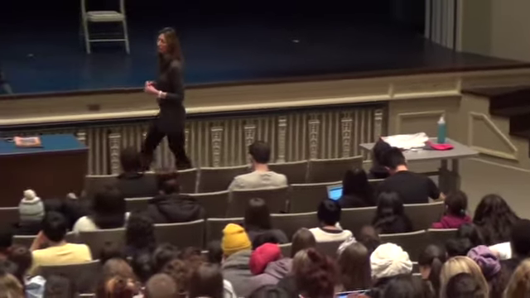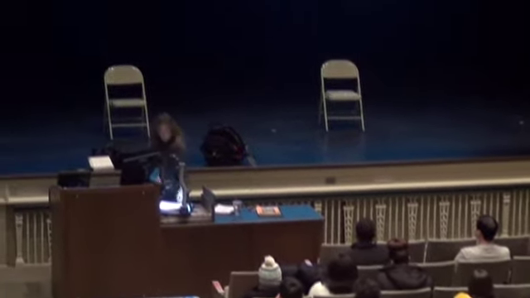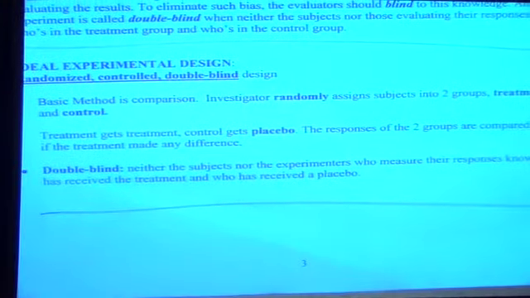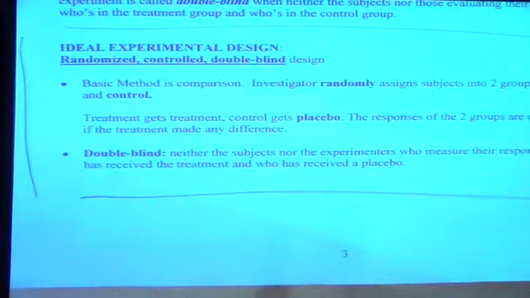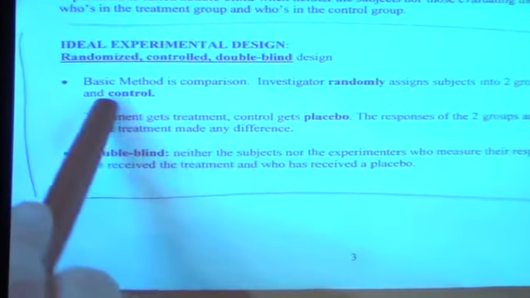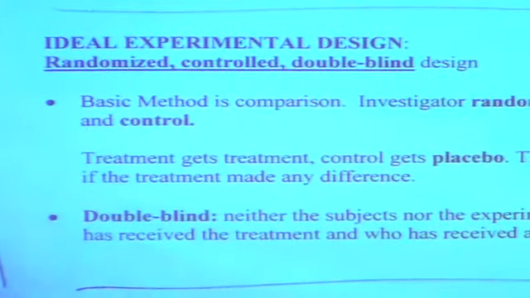So that's our ideal experiment, and it's right down here. It's the randomized, let's look down here. So our basic method right here, this is the ideal. What they call the gold standard. I'm sure you've heard that now. The gold standard of experimental design is a randomized, controlled experiment.